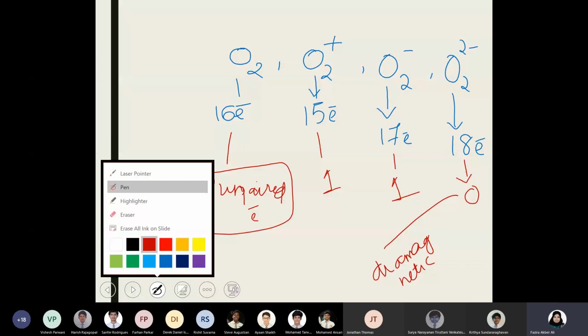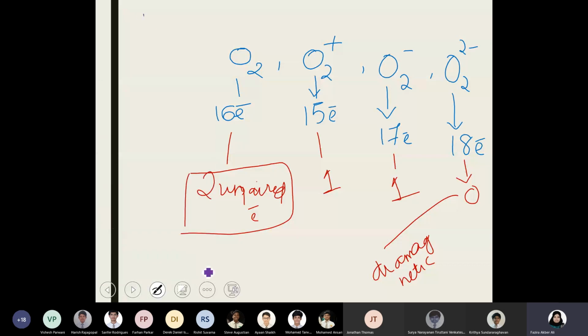So if I write the bond order, for oxygen we calculated it as 2. For O2 plus, what is the bond order? 2.5 you will get, because it is 10 minus 5. 2.5, okay.